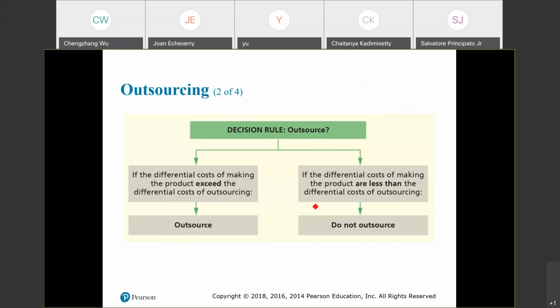So, a quick summary of the outsourcing decision. If the differential cost of making the product is greater than the differential cost of outsourcing, you should outsource this part. Otherwise, you do not outsource this part.